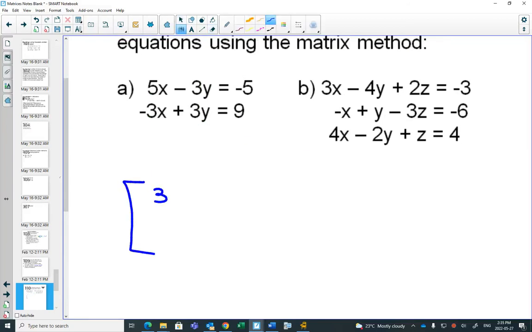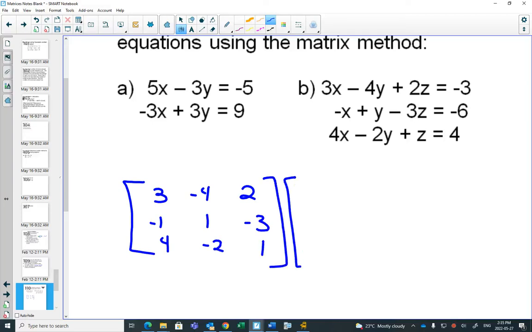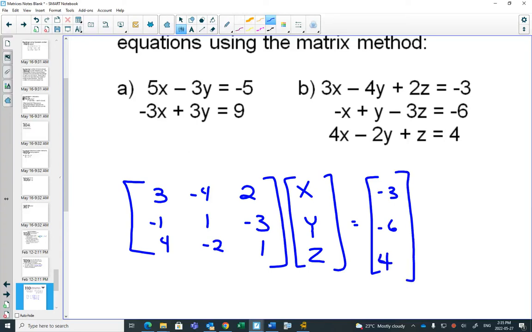Our coefficients matrix is 3, -4, 2, -1, 1, -3, 4, -2, 1, times x, y, z, equals -3, -6, 4.